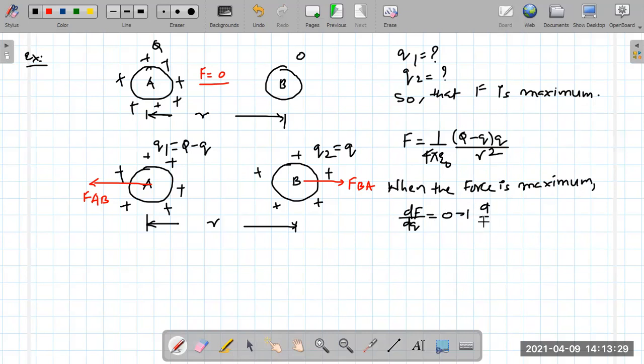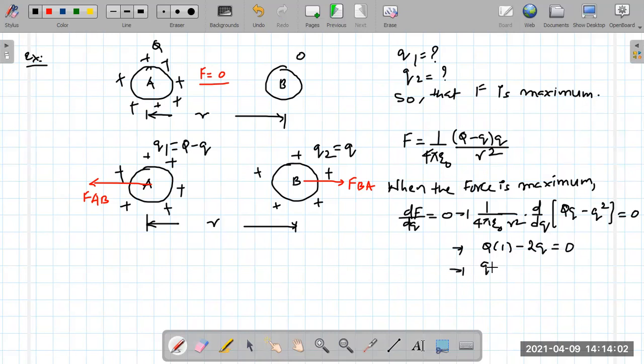This implies d by dq of 1 by 4 pi epsilon naught r square, which is a constant, times (Qq minus q square) is equal to 0. The derivative of this will be Q minus 2q, equal to 0.